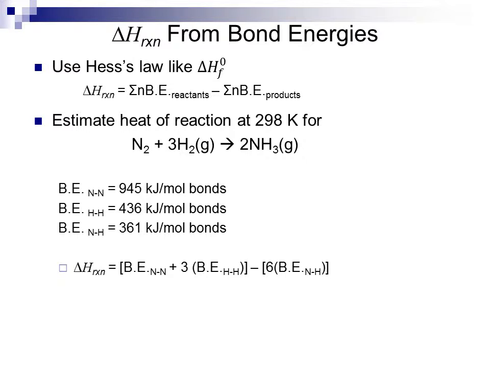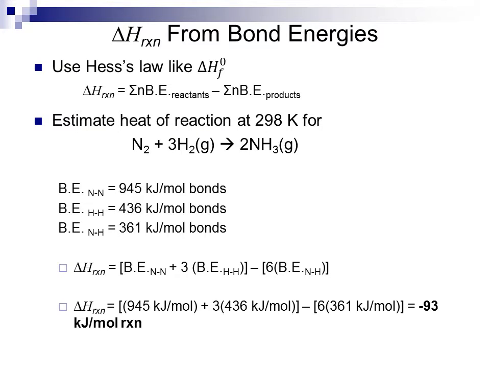Since there are 2 ammonia molecules, there are a total of 6 NH bonds, and so from the reactant bonding energies, we would subtract 6 times the bonding energy of the NH bond. This means that we have 945 plus 3 times 436, and then subtracting from that 6 times 361, which gives us a net difference of negative 93 kilojoules per mole reaction.